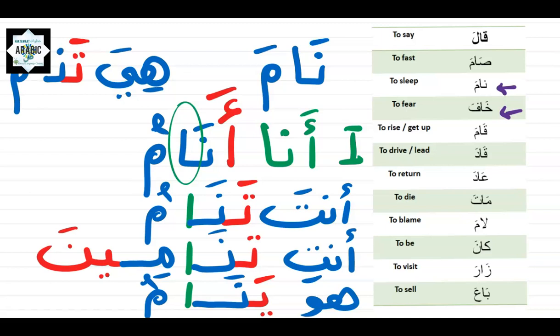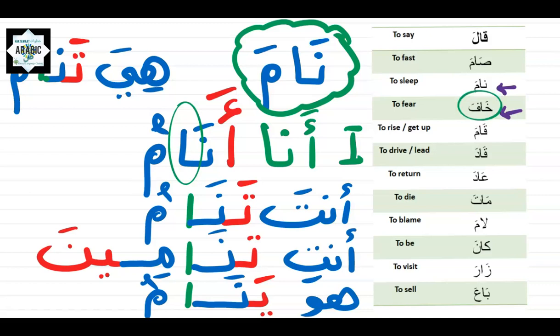And of course, I'm just highlighting the alif that did not change in nama. The exact same thing will happen with khafa, to fear or to be scared of. Khafa. And I would say, أخاف, أنت تخاف, أنت تخافين, هو يخاف.